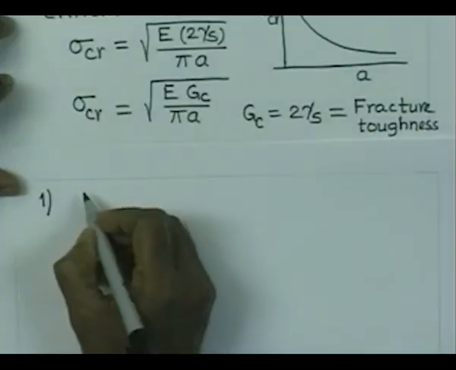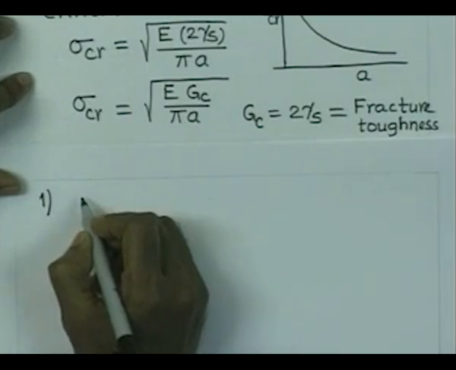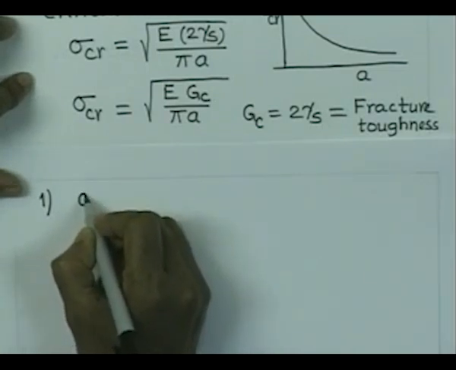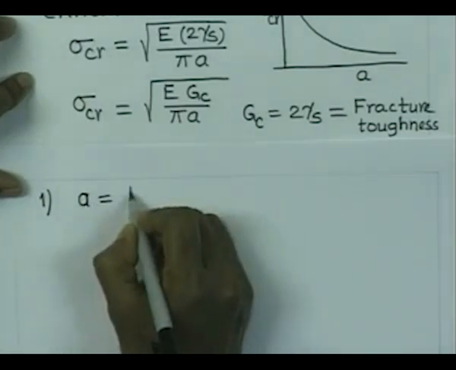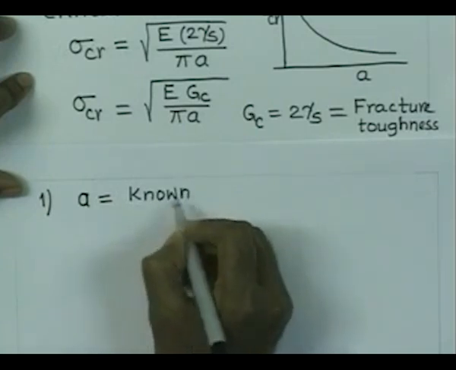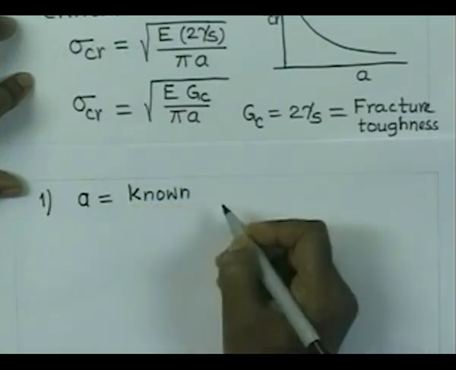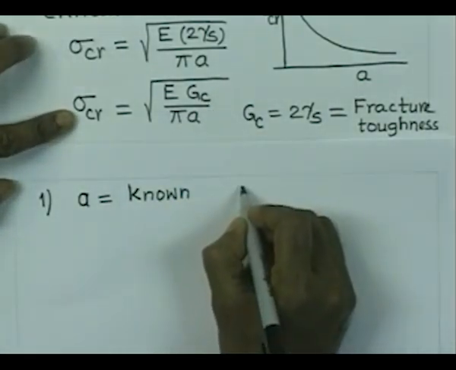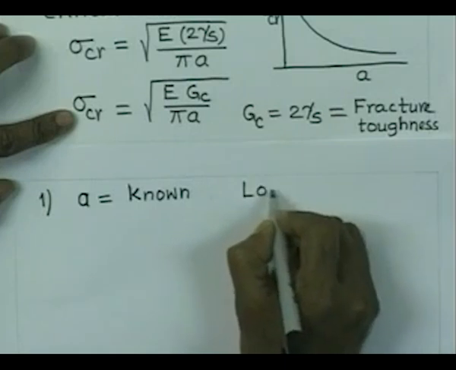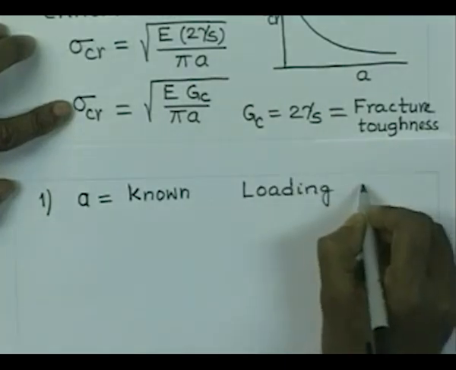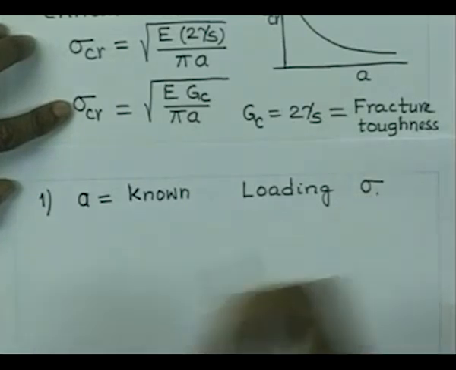So, if you are given the value of, let us say, crack dimension A, or it is known, if we consider a component with a known crack dimension, then this relationship gives you what is the load capacity or what is the safe load, it gives you sigma.